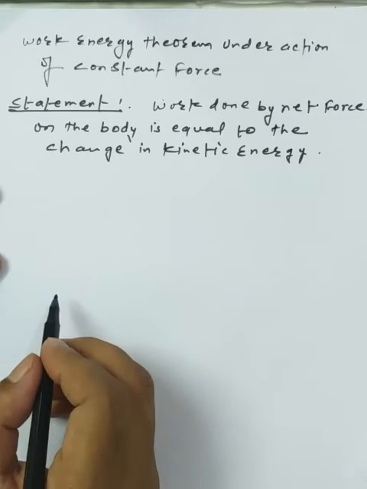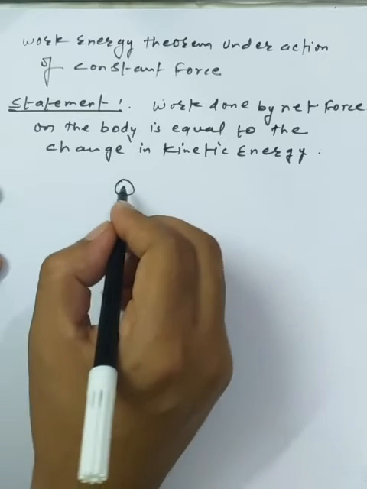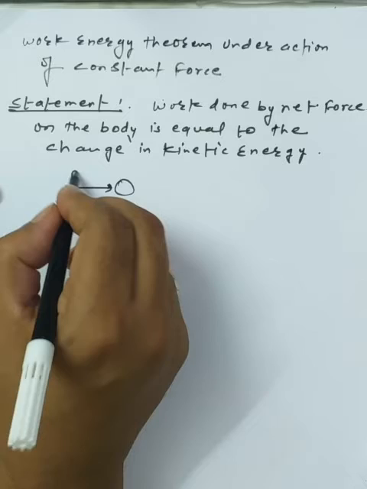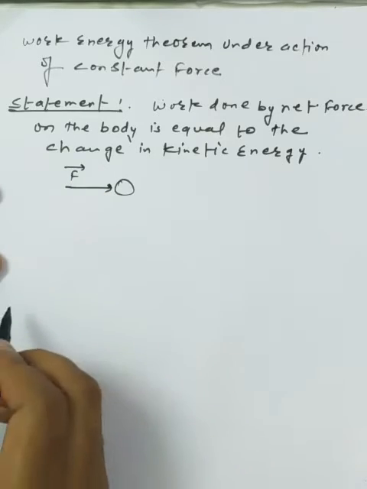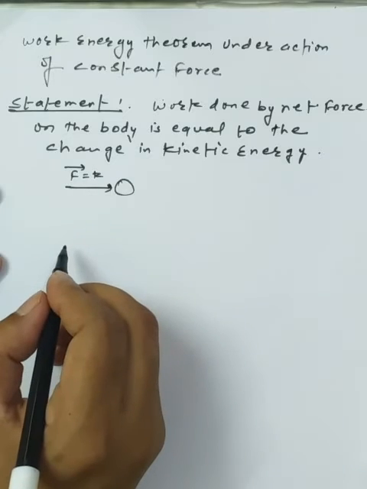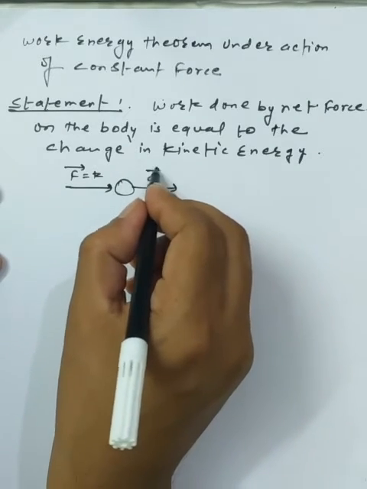Okay, so easily we are assuming that we have an object there. Whenever we apply a force on it, we are applying a constant force. Now this is the kind of constant force we have, and it creates acceleration in it. So acceleration is there inside the object.